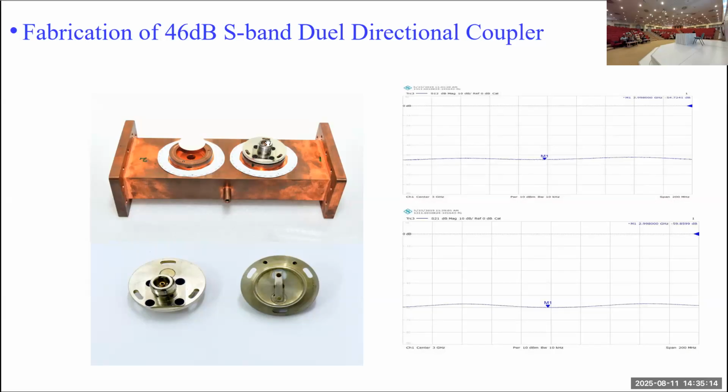Its reading is 3 orders smaller. So the difference between these two readings, whether it's going forward or going reflected back, is called directivity. So you have to manage that directivity, maximum directivity.